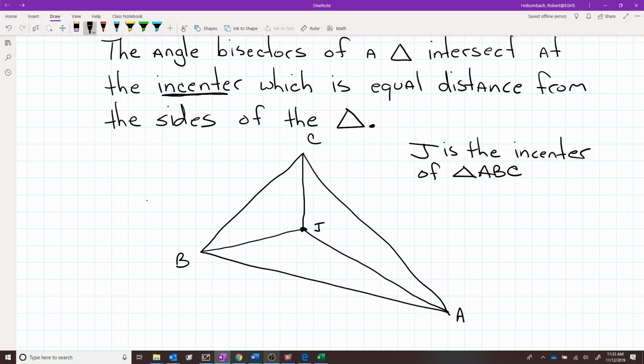Then along with that, you got a segment that goes from J to this side of the triangle, and that's point D. J that goes to this side of the triangle, that's point F. And J that goes to side AB of the triangle.